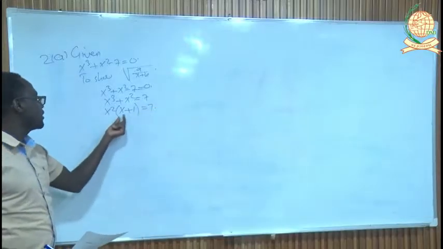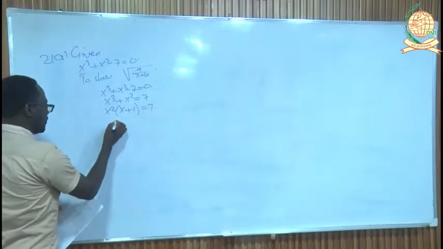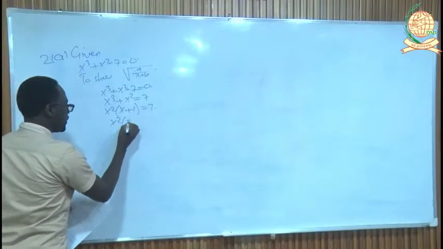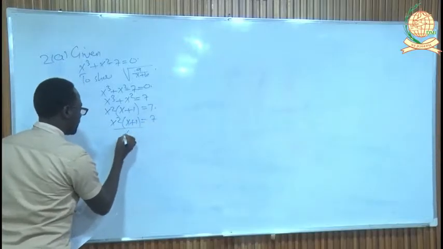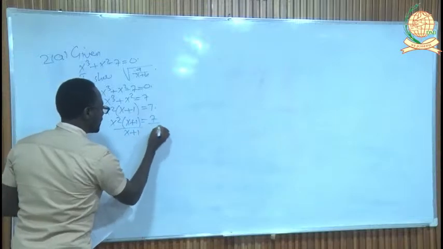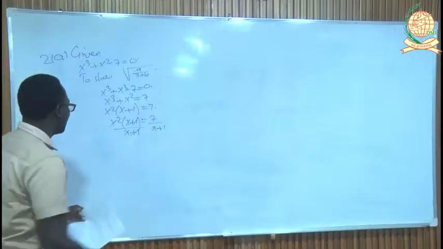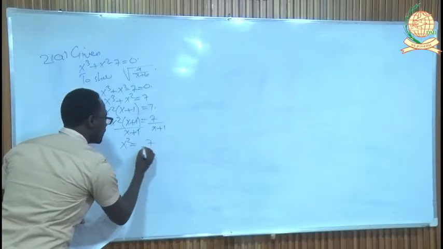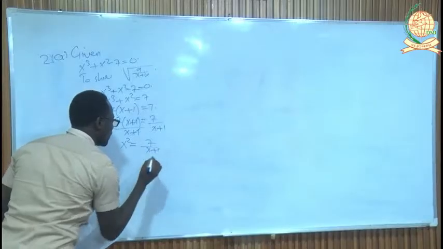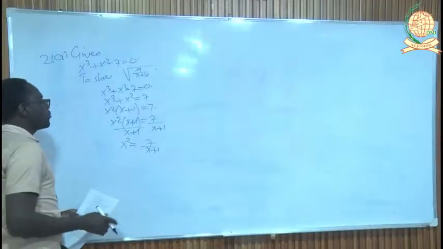Now divide by x plus 1, both sides. So it will be x^2 in the bracket x plus 1 equals 7. Then divide by x plus 1. This x plus 1 and this one will cancel. Then it will remain with x^2 equals 7 over x plus 1. Okay, now square root both sides.